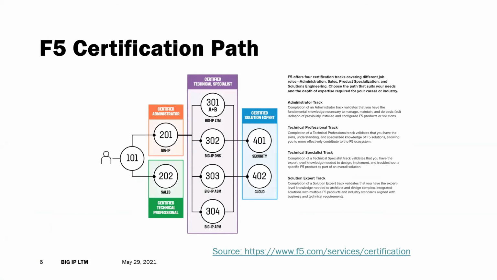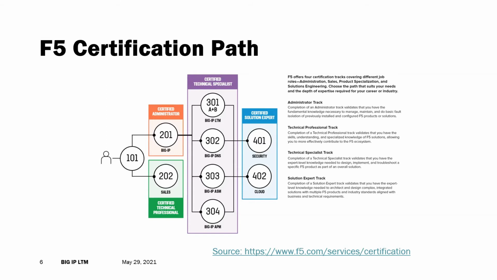If you are keen to have a certification in BigIP, then there is a defined certification path. It starts with the 101 exam. It does not offer you any certification, but it is an entry level, a gateway from where you can start your journey to F5 certification. It further divides into two parts.